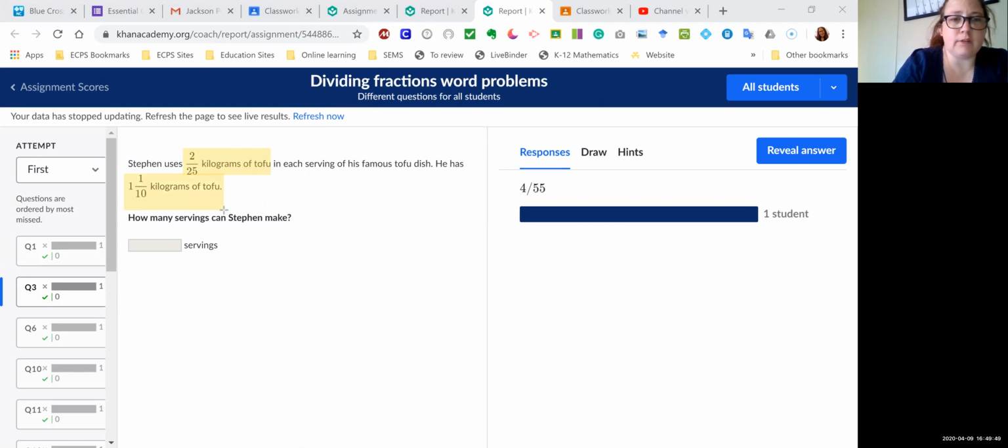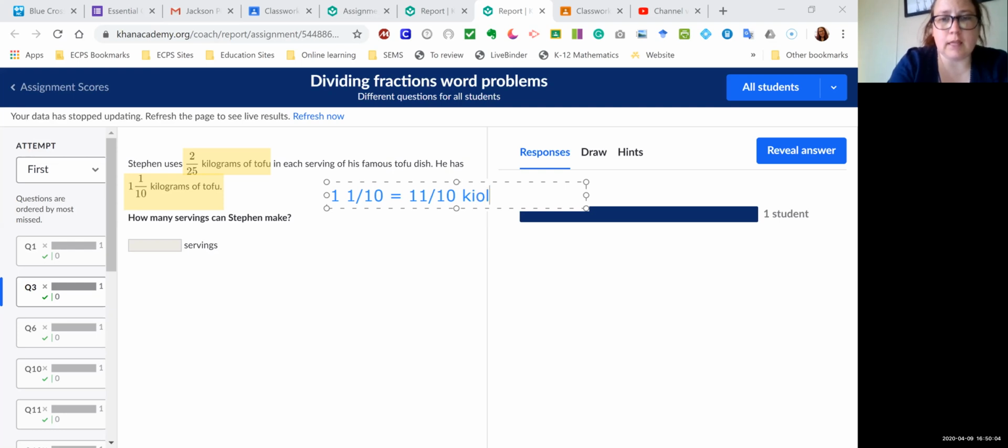It's asking how many servings can he make? So the first thing I'm going to do is say 1 1/10 would be equal to 10 times 1 is 10 plus 1 is 11. So that'd be the same as 11/10. So he has 11/10 kilograms of tofu, and he is trying to figure out how many servings he can make.